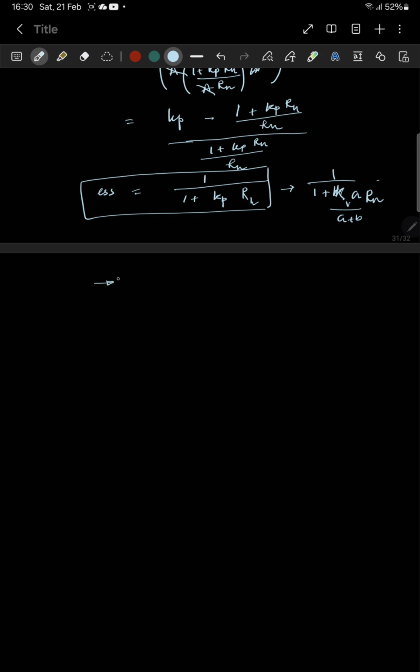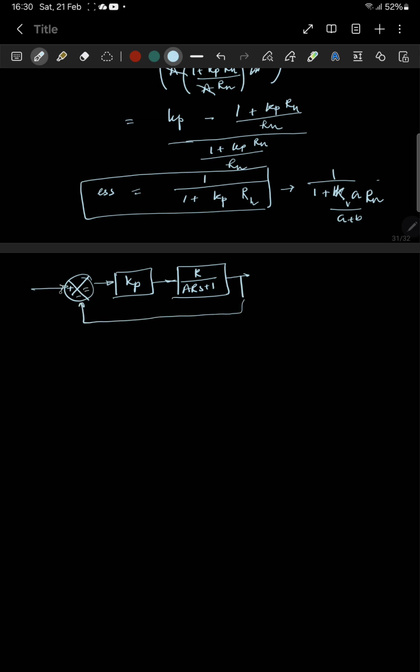We could have also found the steady state error like this. So this was Kp, this was R by A R s plus 1, for this kind of a system, where Kp, this is another Kp, not this one.